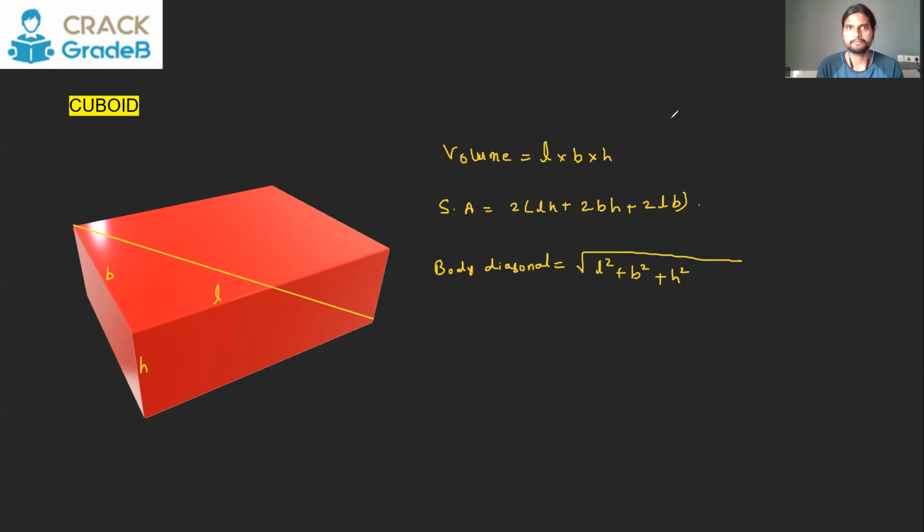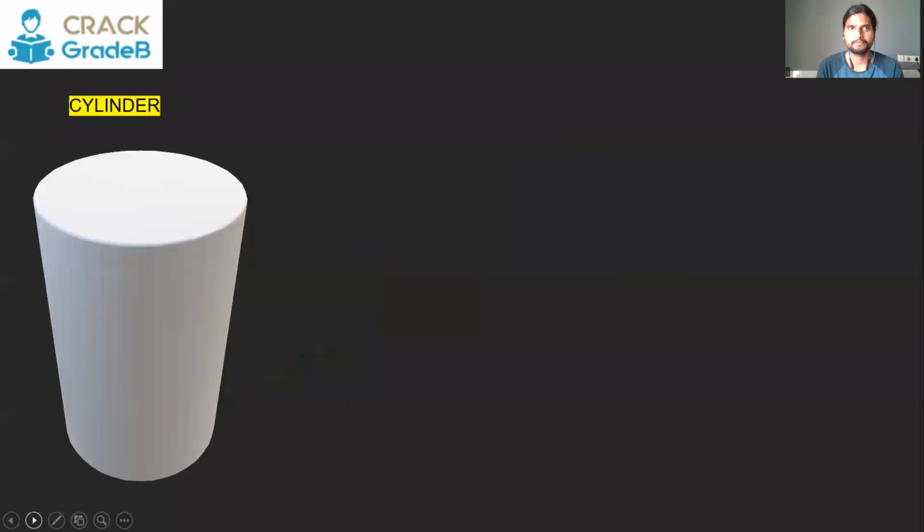Next, cylinder. So you know, for cylinder there are two parameters. One is height, the height from top circle to the bottom circle, and another is the radius, like this. So if this height is h, the radius is r.